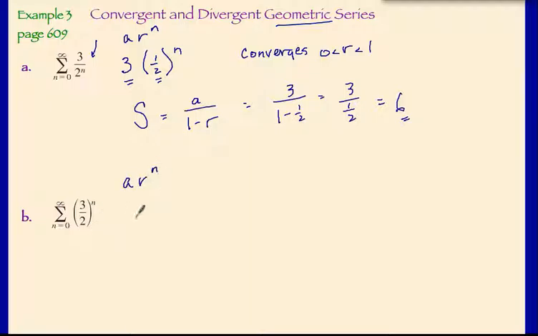In this case, A is 1, the number out here being multiplied by each term is 1. R is 3/2, of course, to the n. But notice in this case that since 3/2 is greater than 1, this series diverges. That's it. There's no finding a sum since it increases without bound, and we're done with that.